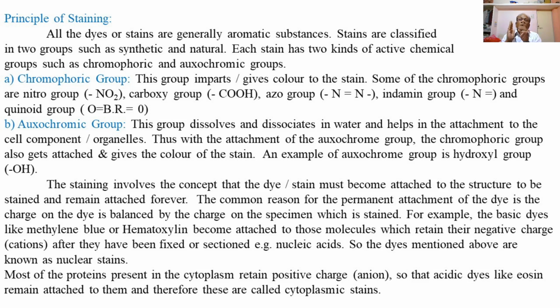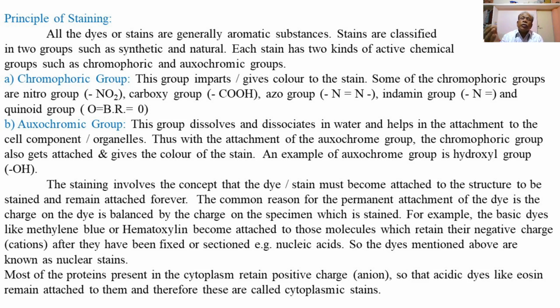One thing that is important is that the nuclear stain or the basic stain has a positive charge, and it has affinity with the tissue materials with a negative charge.